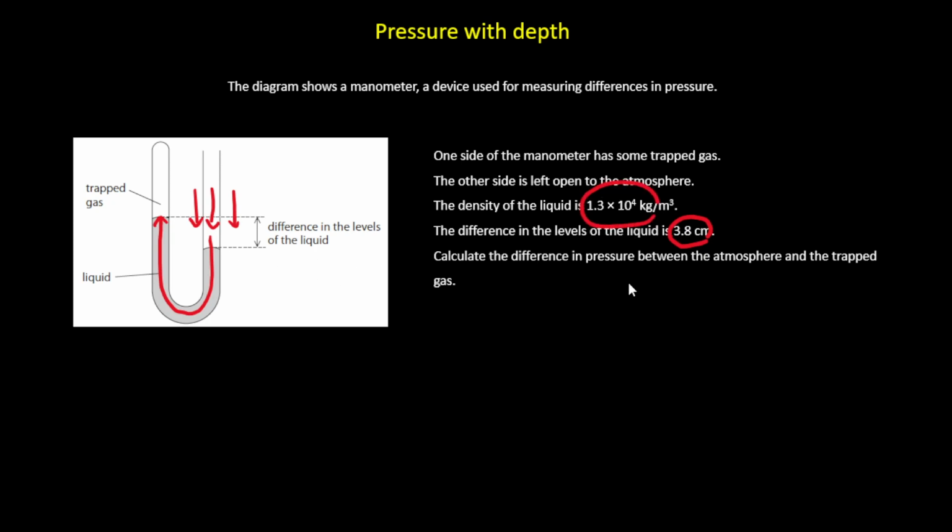Calculate the difference in pressure. It simply means finding your pressure here. P equals rho g h. Your density is 1.3 × 10^4, your g is 10 and your h is 3.8 centimeters, which will be 3.8 × 10^-2 meters. So never forget your unit conversions.